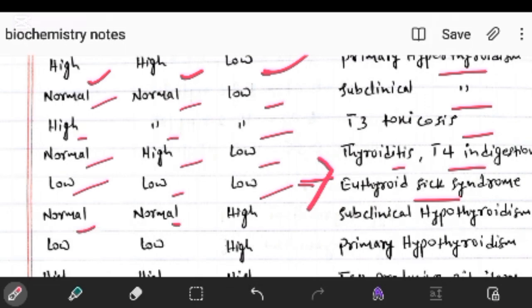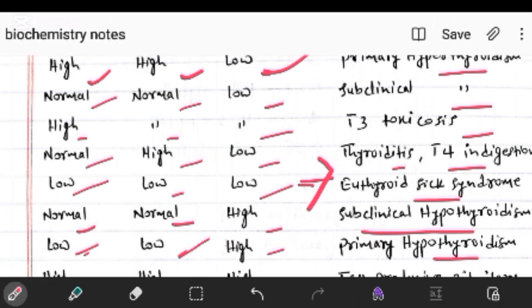T3 normal, T4 normal, TSH high. This is known as subclinical hypothyroidism. T3 low, T4 low, TSH high.